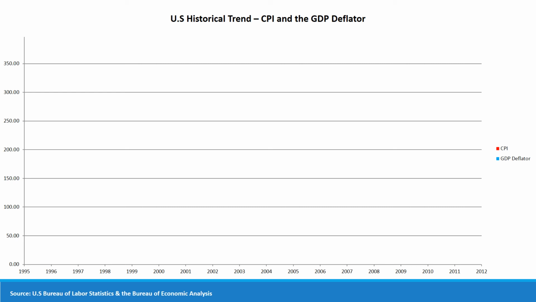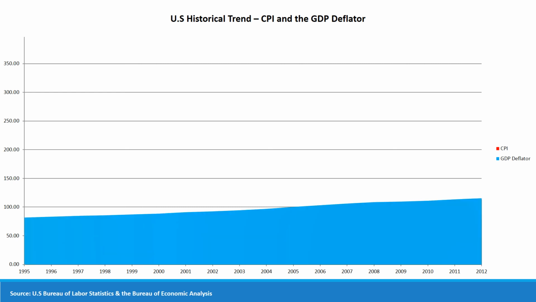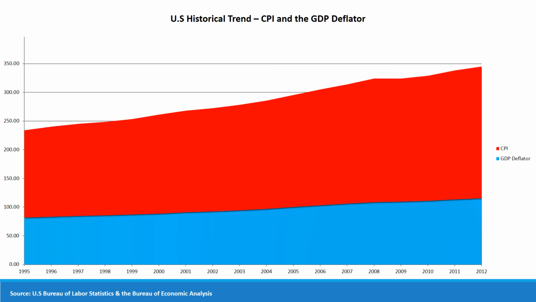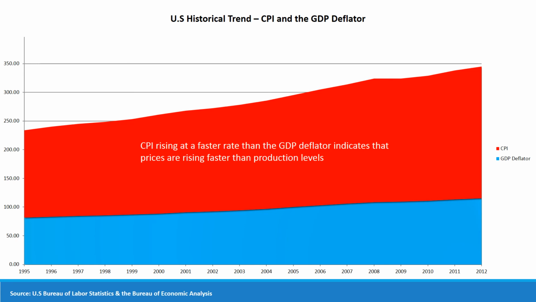So when we bring this up, we look at the historical trend, CPI and the deflator together. The deflator is here, CPI is here. One of the things we had talked about was that CPI was rising faster than GDP. CPI rising at a faster rate than the GDP deflator indicates that prices are rising faster than production levels. In other words, why is CPI higher than the GDP deflator?